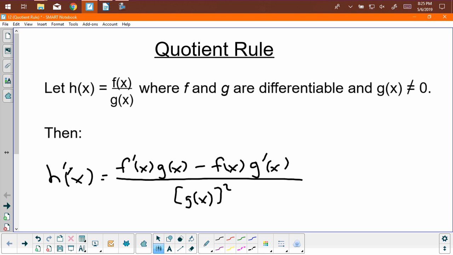So it looks a little bit like product rule, except it's got the minus sign in there, not the plus. And of course we have this new part with the denominator. We're squaring our denominator.